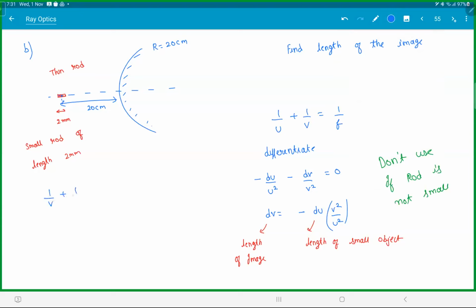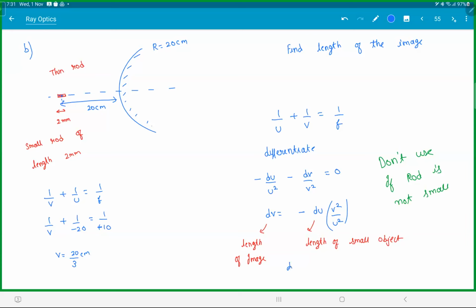So 1/v plus 1/u is 1/f. So 1/v is 1/(-10) minus 1/(-20), which gives v equal to 20 by 3 centimeter.